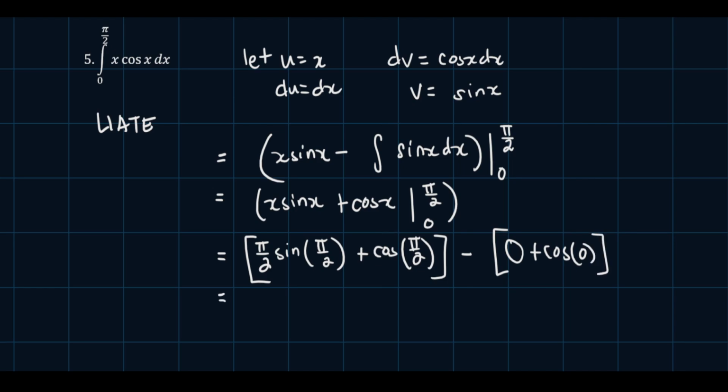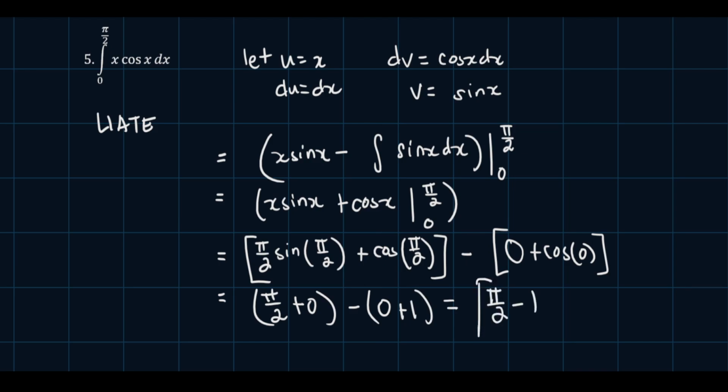Okay, sine pi over 2 is 1. So we have pi over 2 and cosine pi over 2 is 0. Likewise, we have 0 plus cosine 0 is 1. So our answer is pi over 2 minus 1.